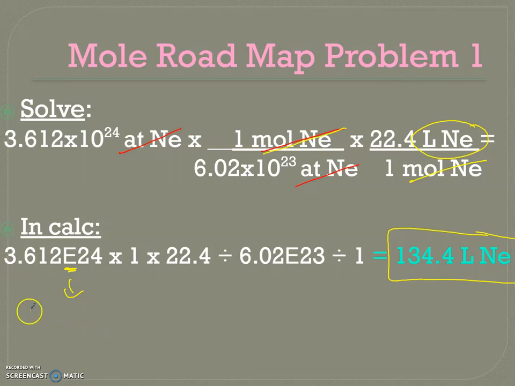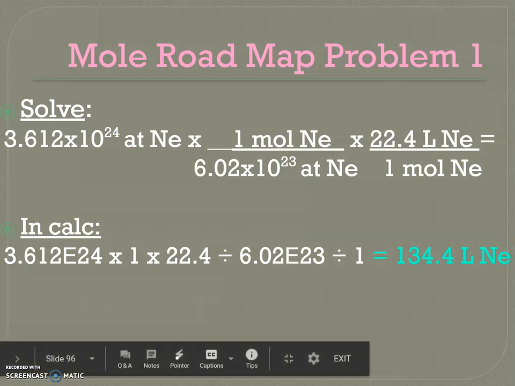So what you do is you use E to represent times 10 to the. Okay, and that's that EE button in your calculator. So you'll probably have to hit the second button for that. And then if you do that, you'll get your specific units to cancel out and your values to work out, and you'll get your correct answer.